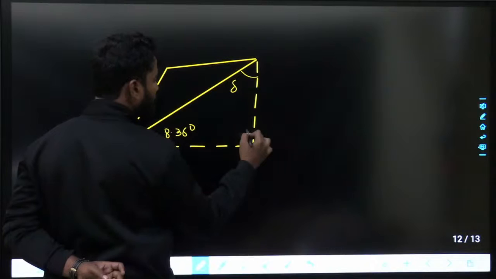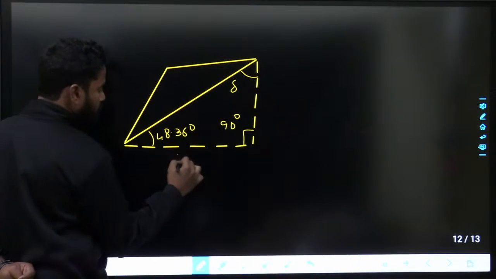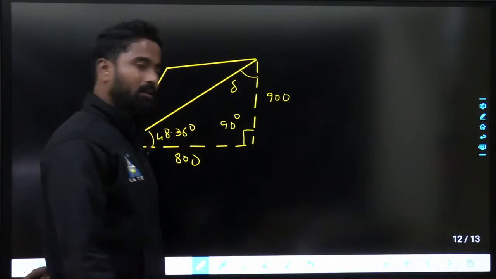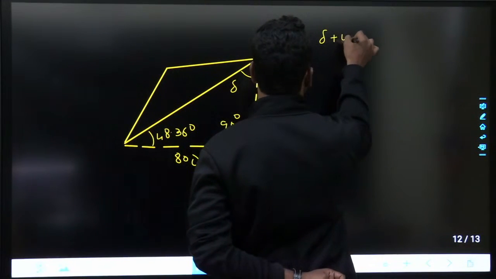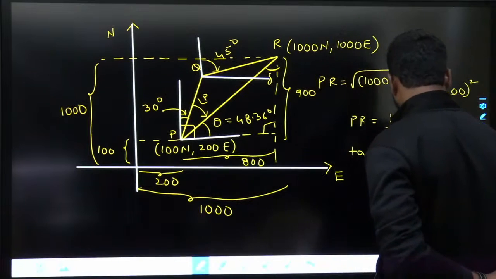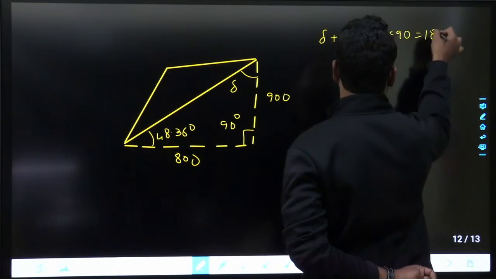This one I take as delta, this is 90 degrees, right? And this one is 800, this one is 900. You can also write it as delta plus 48.36 plus 90 equals 180.